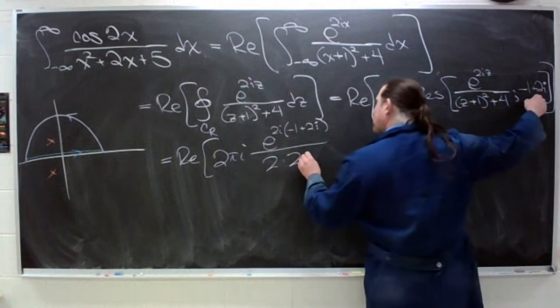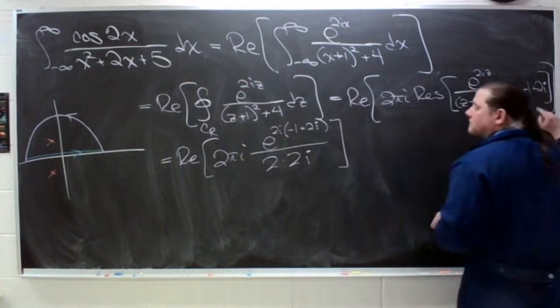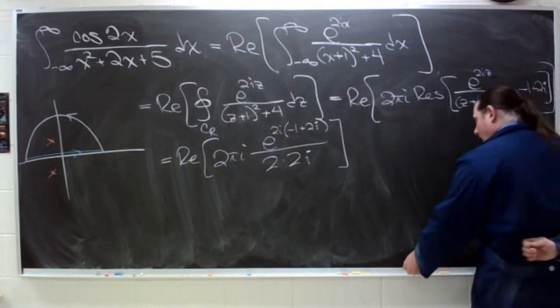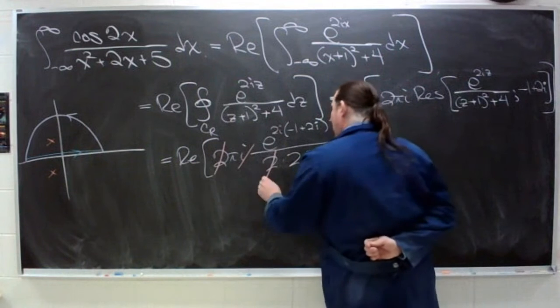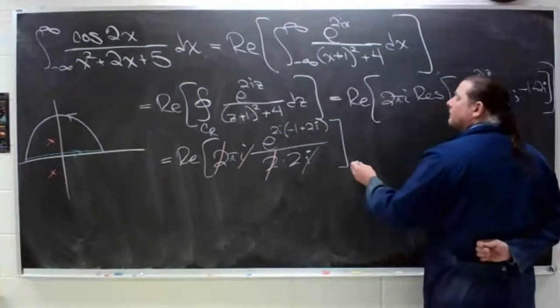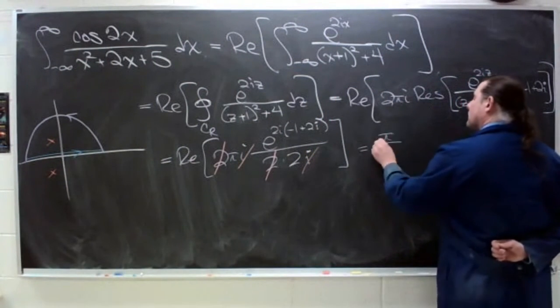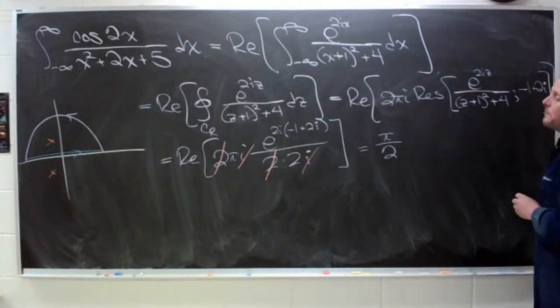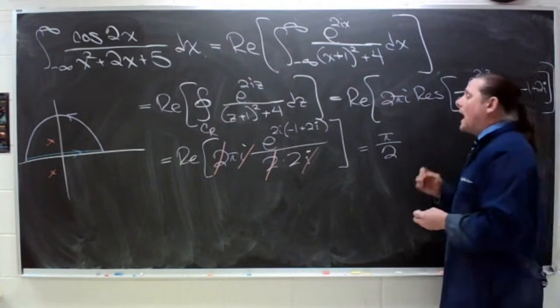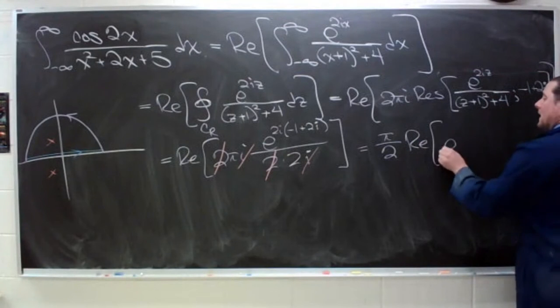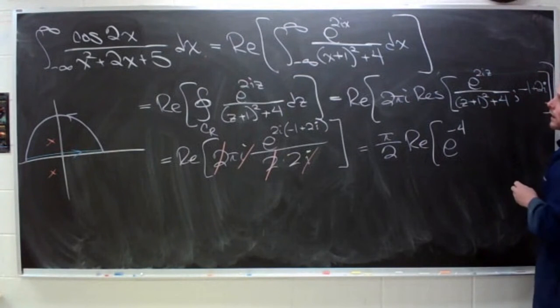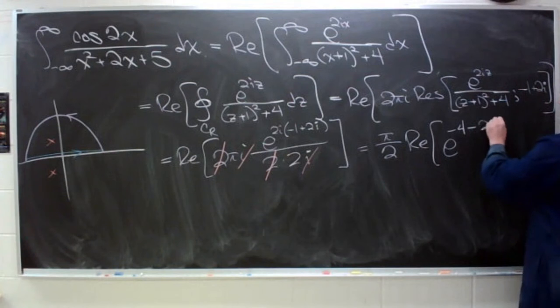So this is our integral. So I'll get pi over 2, and then the real part of e to the minus 4 minus 2i.